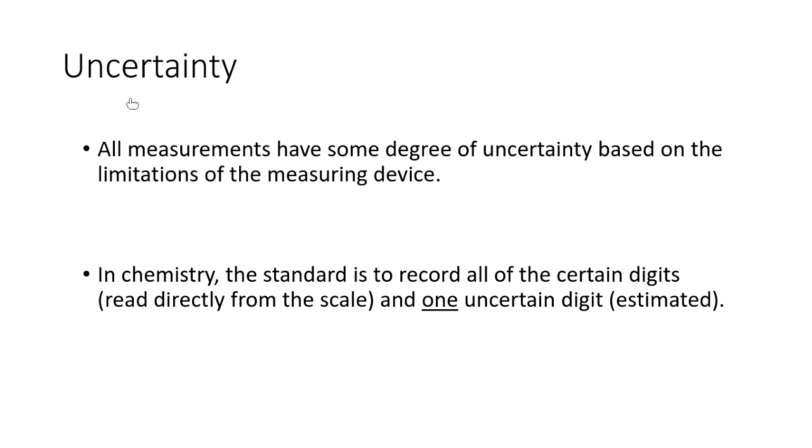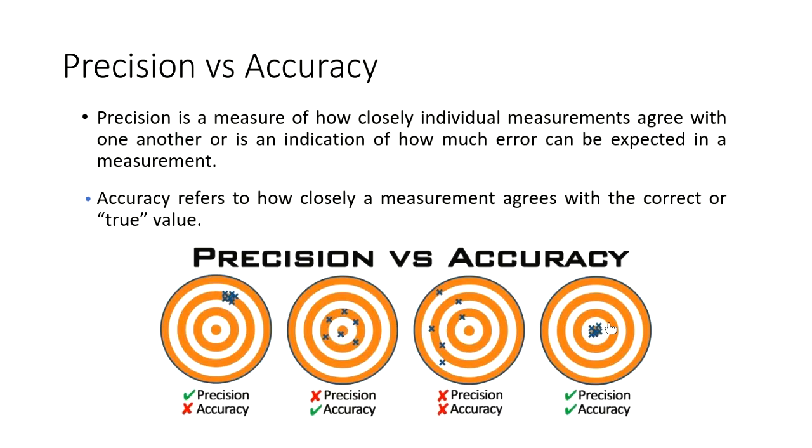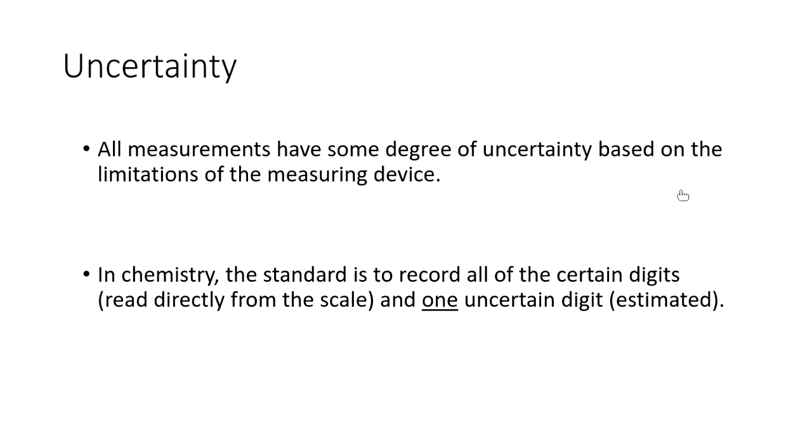So it says here, all measurements have some degree of uncertainty based on the limitations of the measuring device. So accuracy doesn't always mean all in the center. It means within a range, because you are limited by the equipment you use to measure your result or your experimental data.